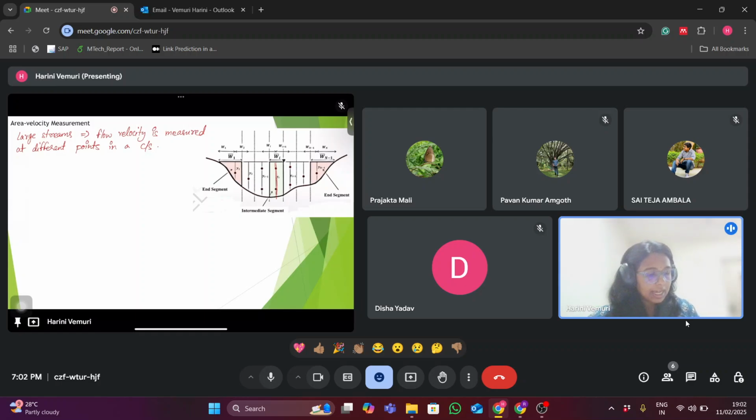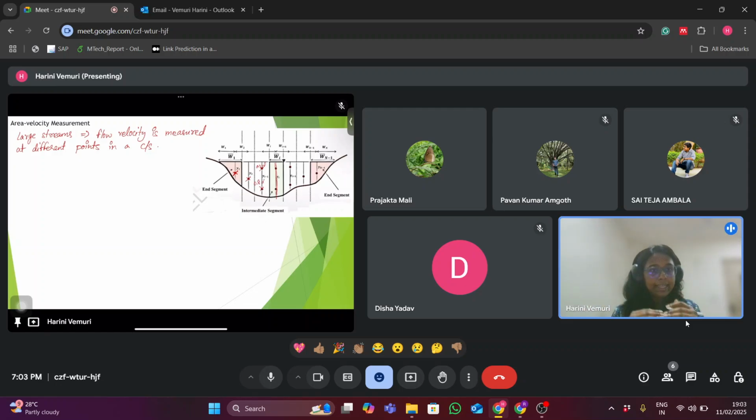So in case of these large streams, as we have discussed, we will measure the velocity at different depths across different points in a cross section. See here, in this particular section we have taken a measurement at y1 depth and at y2. Similarly, as the depth increases, we need to take measurements at two locations, that is 0.2 times d and 0.8 times d.